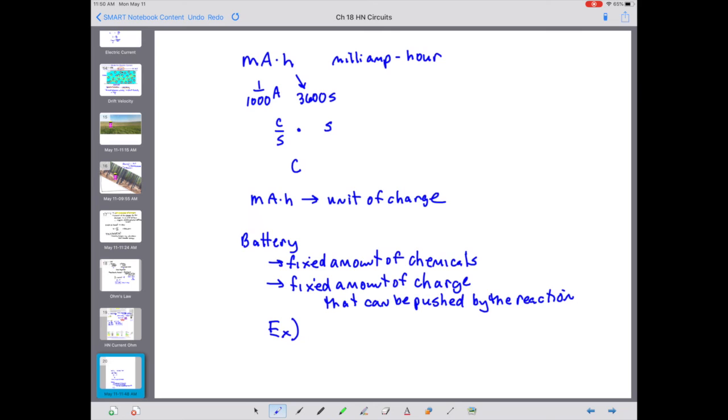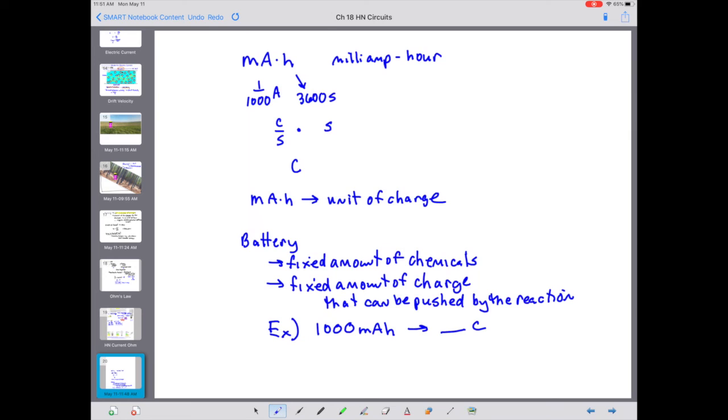So let's say, for example, arbitrary number here, a battery is rated 1,000 milliamp hours. Well, you can convert this into a number of coulombs, and you'll do that in the homework problems, but it would be a fixed number.